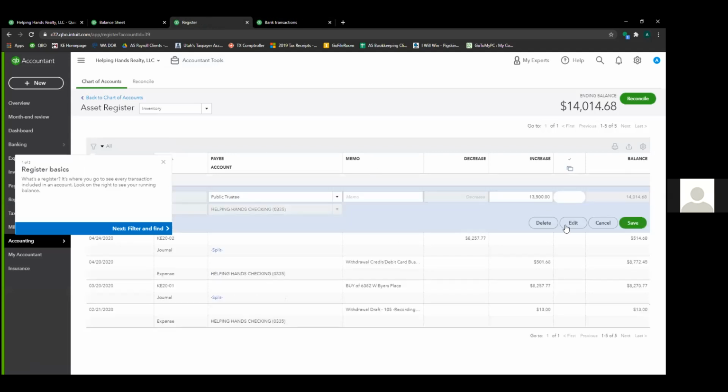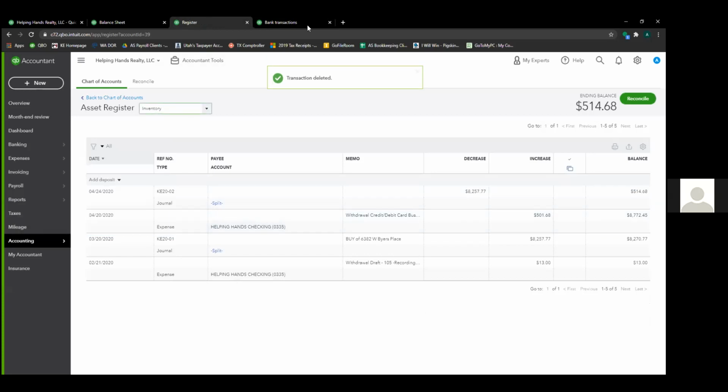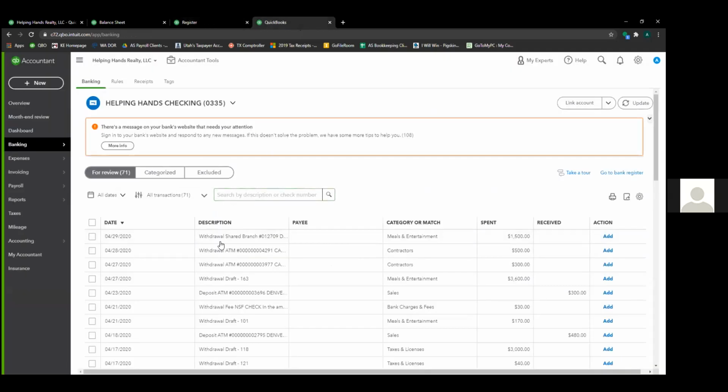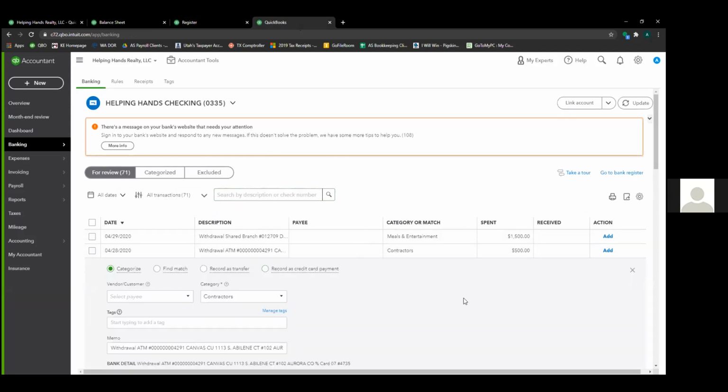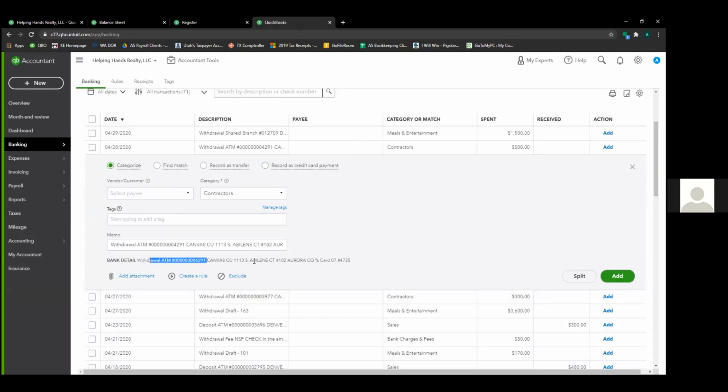So I would say the important thing you need to know for now is once you get your bank transactions hooked back up, every single item needs to either go to an inventory account. So if it's a property, so this is a $500 withdrawal. I'm not sure what this exactly was for. Canvas CU.